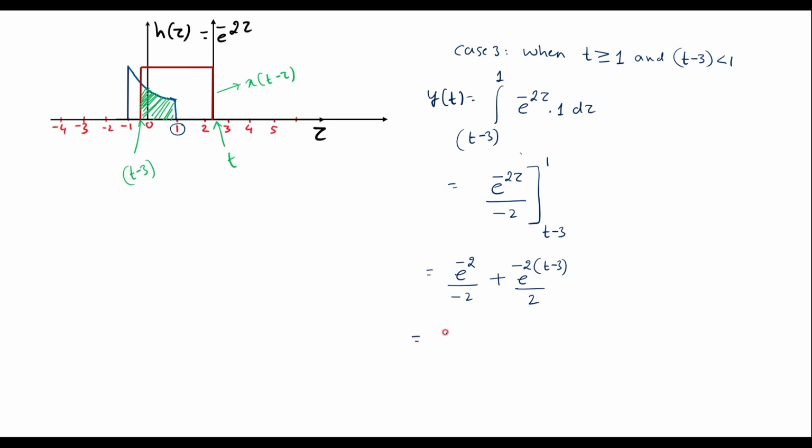So simplifying this, I can write it as 1 over 2 e power minus 2 t minus 3 minus e power minus 2. That is y of t for t greater than or equal to 1 but t minus 3 less than 1 means t is less than 4. That is t less than 4.